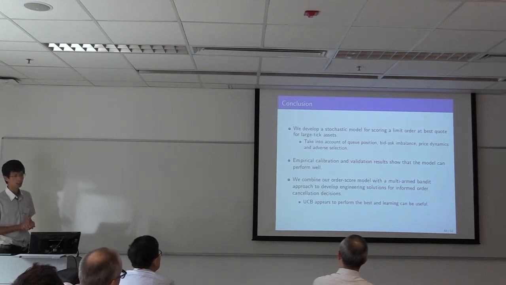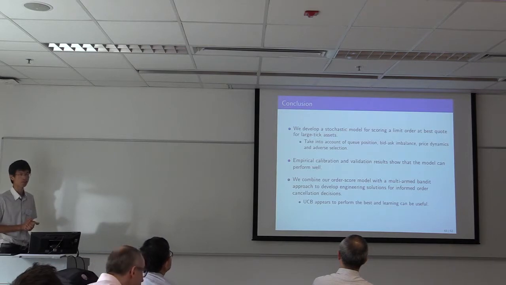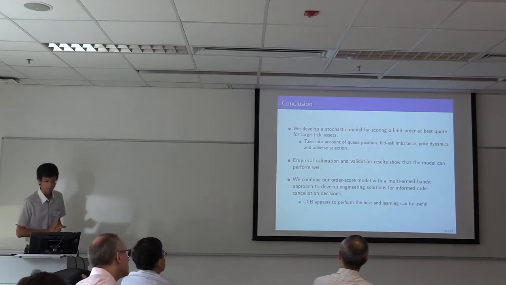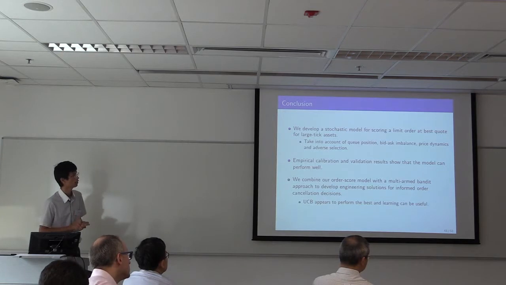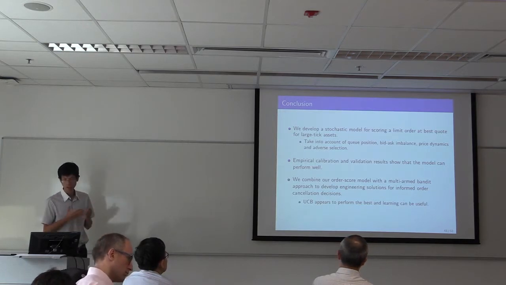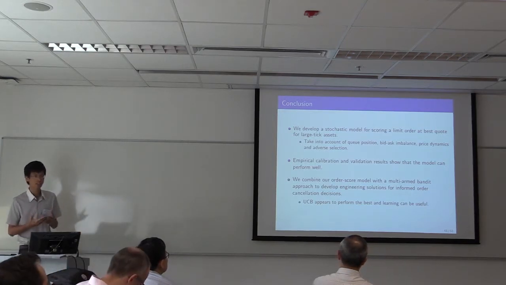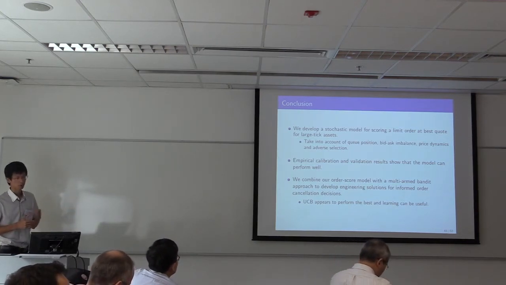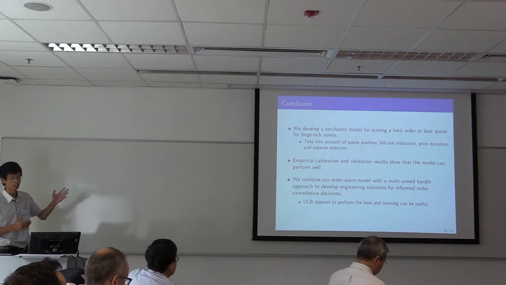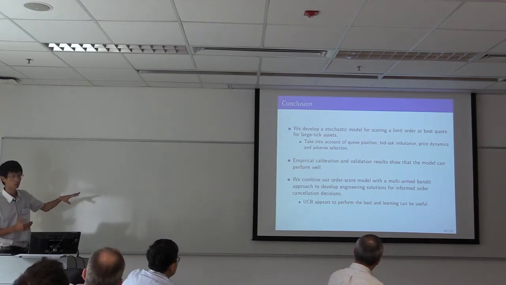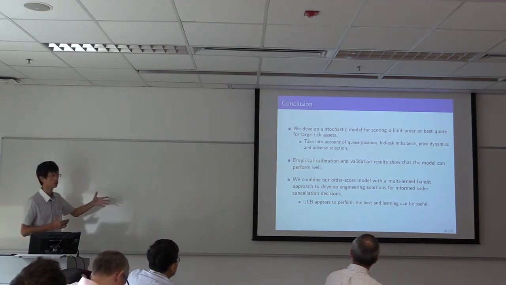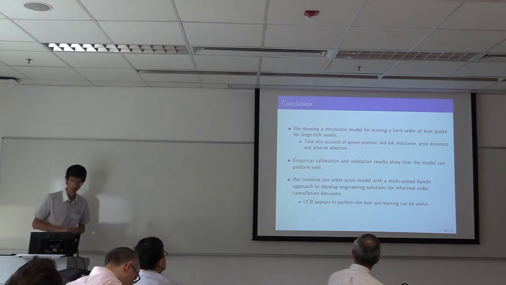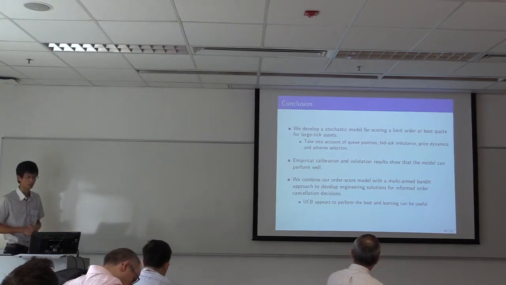All right, so I'll quickly summarize. In this work, we developed a stochastic model for the execution of a limit order at the best quote for illiquid assets. Our model takes into account the queue position of the order, the bid-ask imbalance, the price dynamics, as well as the adverse selection. The main novelty in terms of modeling is to capture this bid-ask imbalance and propose a particular model to do order score performance measurement.